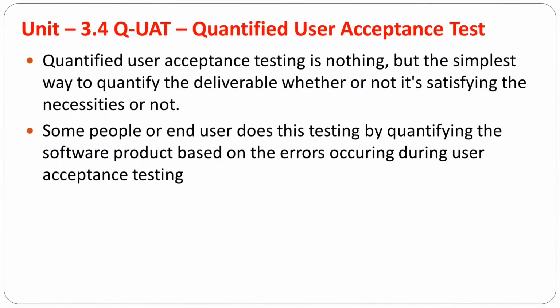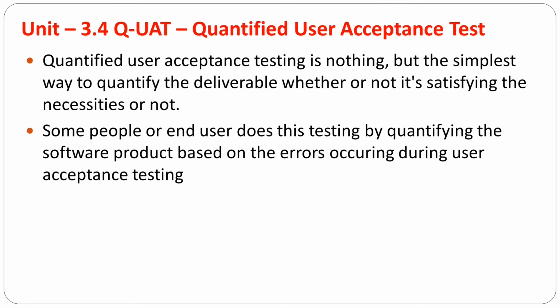Secondly, some end users do this testing by quantifying the software product based on the errors occurring during user acceptance testing. They quantify the software product that has been delivered, based on the errors occurring during user acceptance testing.